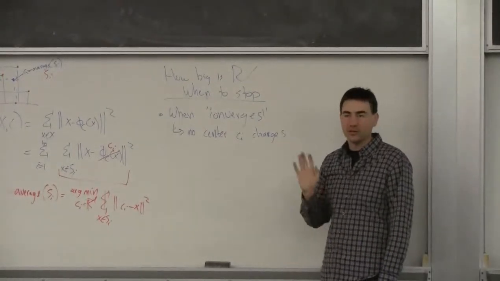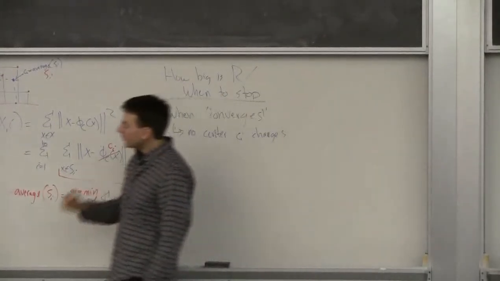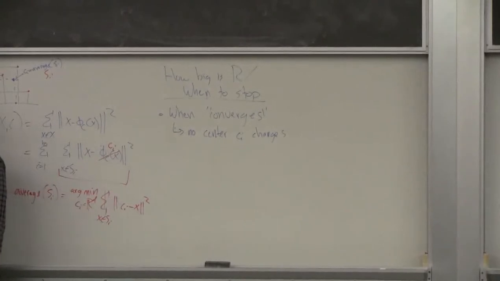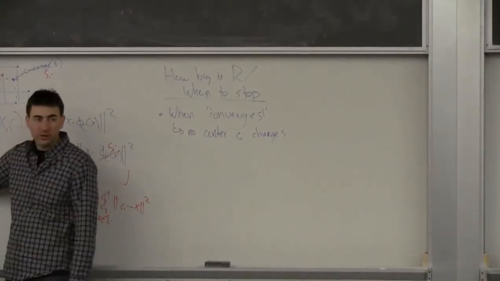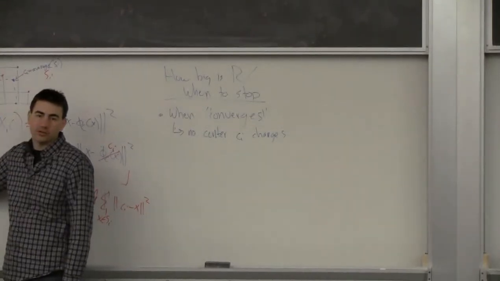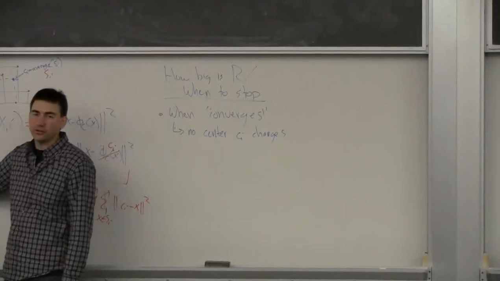And there's a simple argument why. If you think of the center as changing, it's a continuous value. But if you think of it as the set of clusters, there are only a finite number of clusters. There are only so many distinct ways I can cluster the points.